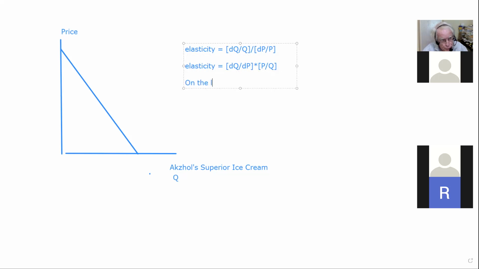So on the low part of the inverse demand function, this area right here, we have low values for price and high values for Q.